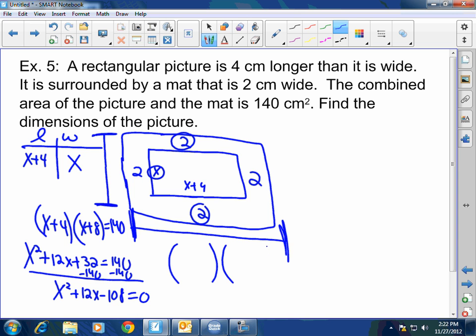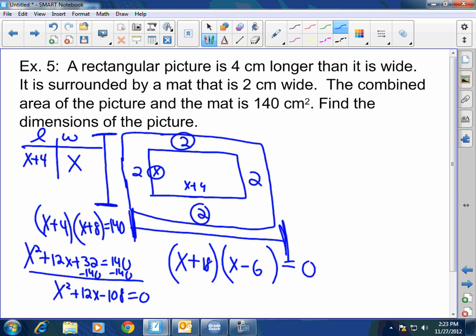So what times what equals negative 108, but when added together is 12? 18 and 6. Wow, well done. Very good, son. Positive 18 and negative 6.